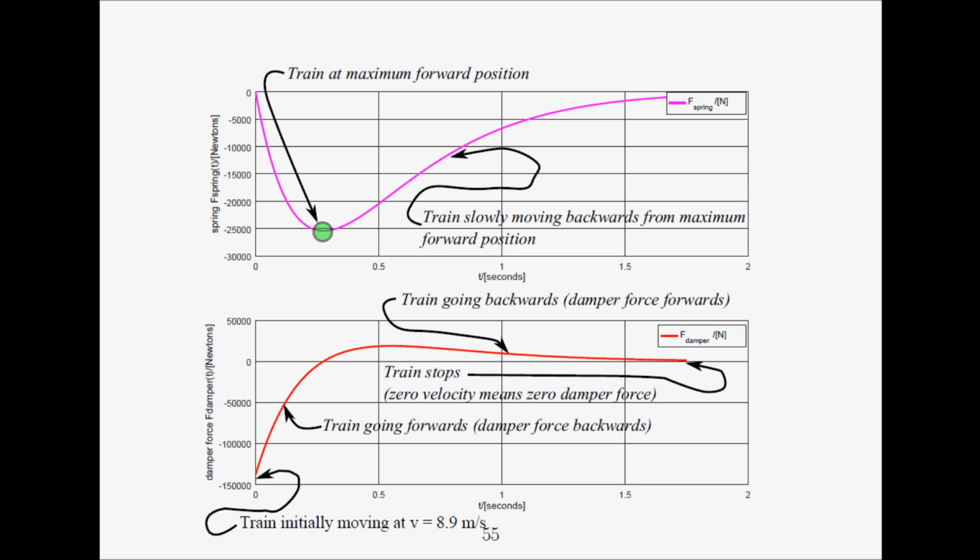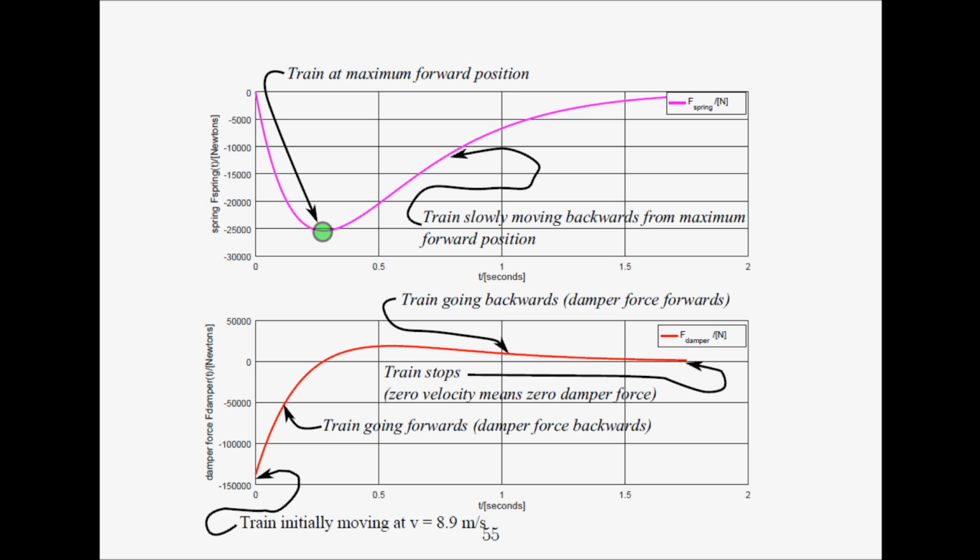When the train gets to the original point, the displacement is 0, and then the spring force is 0. So the train goes forwards, and then slowly starts moving backwards, and then stops.